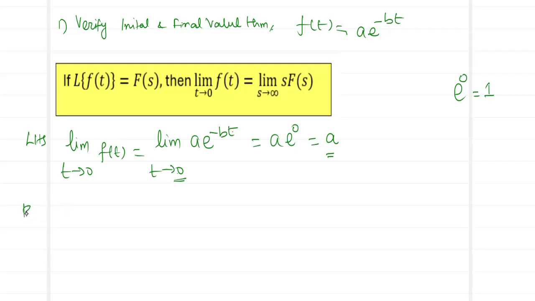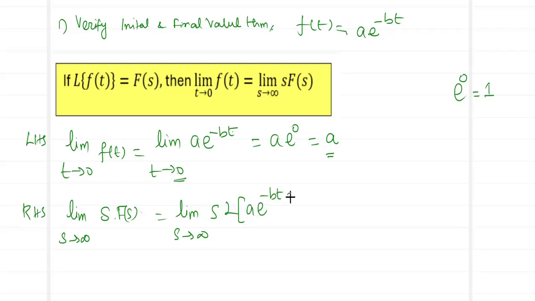Now let us verify our right hand side. It is the limit as s tends to infinity of s times F(s). What is our F(s)? It is nothing but the Laplace of our function, a e^(-bt).